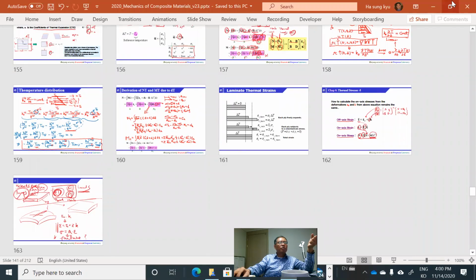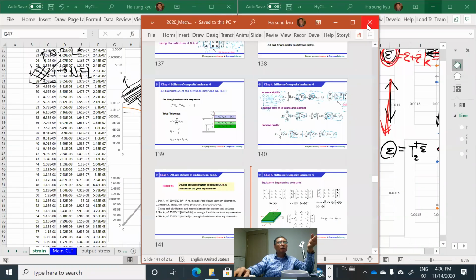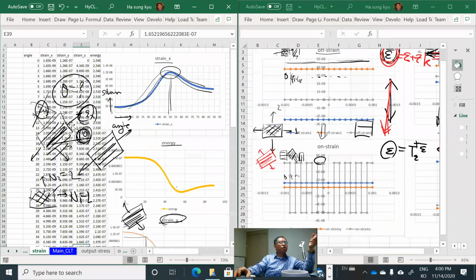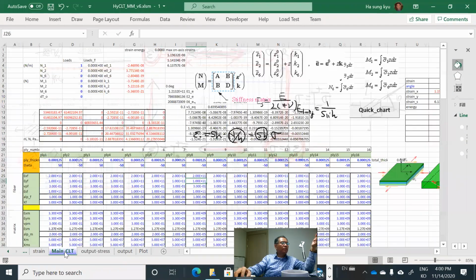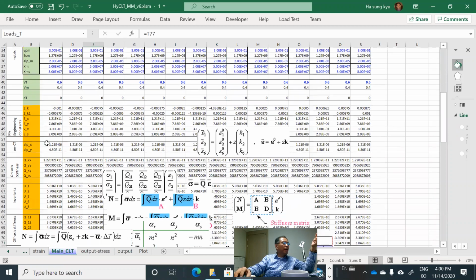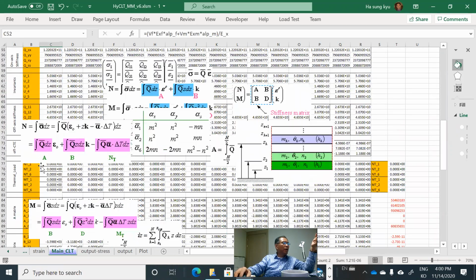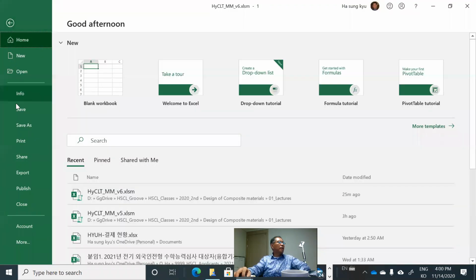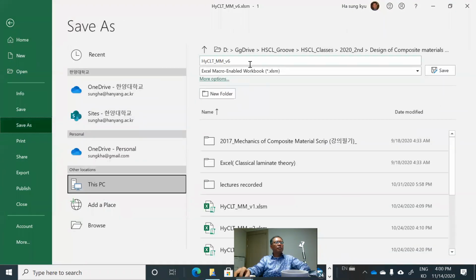I'm certainly going to share this one, okay? But today I'm not going to share my Excel. You have to develop it. You need to consider this thermal load, and for that purpose you need to have alpha X and alpha Y and so on.